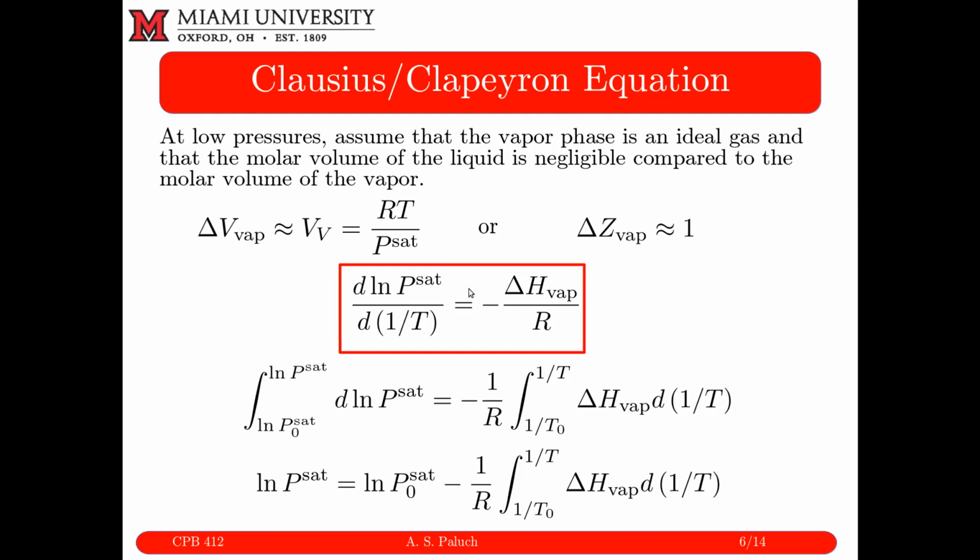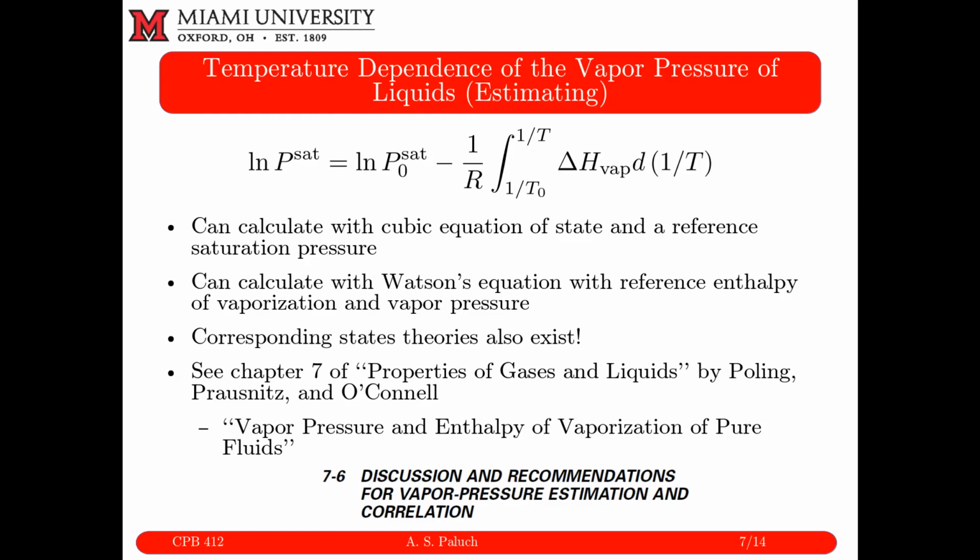Getting back to integrating this: to calculate log P, if I know the value of log P at some reference temperature, I can then integrate delta H of vaporization from that reference temperature to my temperature of interest. In order to integrate this, I need to know how delta H of vaporization changes with temperature. In theory, we could calculate this using a cubic equation of state.